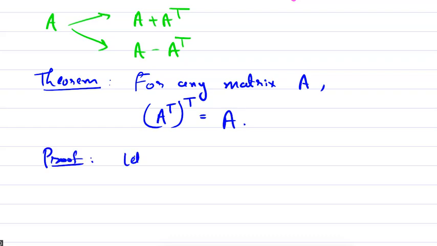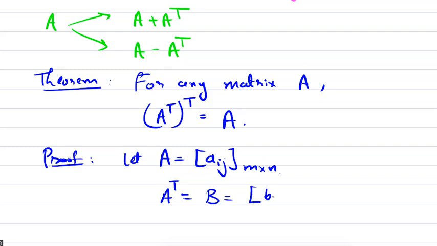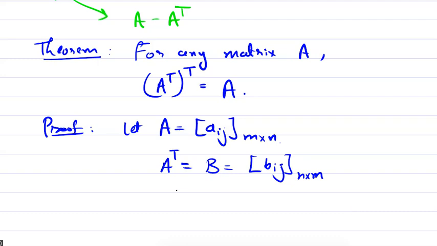Let A, Aij, be an M cross N matrix, then A transpose, being B, with Bij, is an N cross M matrix. What is the relation? Bij is nothing but Aji.